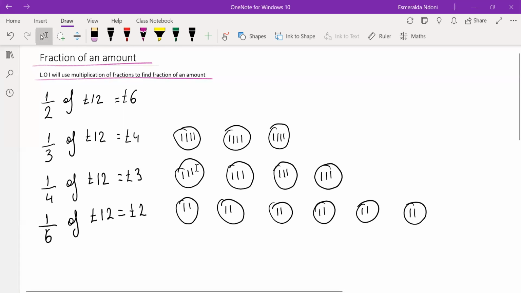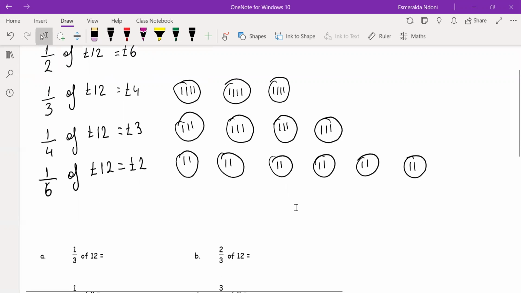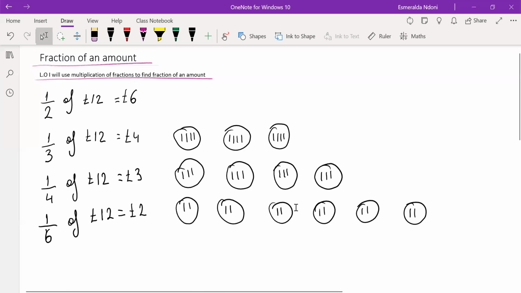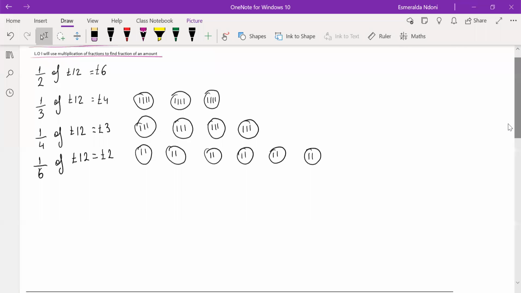This is all very good and easy to understand. However, it is really long to draw baskets each time that you have been asked to find the fraction of an amount. So we need to find an easier method to work this out.